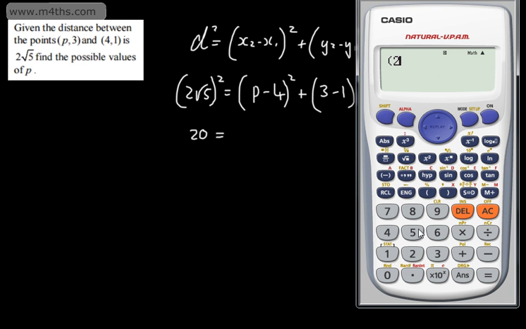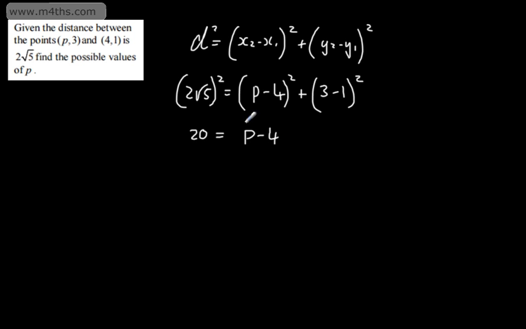If we now take 2 lots of the root of 5 and square that, that's going to give us the 20. At this stage, I could go ahead and expand these brackets. I'm not going to. I'm just going to write it as p minus 4 all squared. This right here, 3 minus 1 is 2, 2 squared is 4.